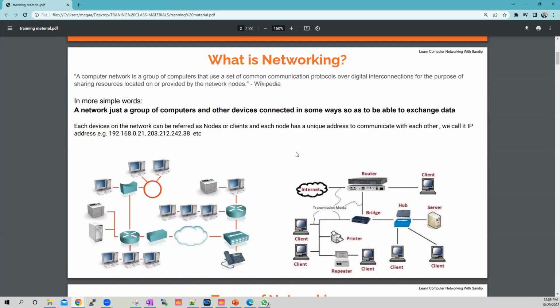So if you look at it, the question says, what is networking? There's no general term or one specific definition for networking.